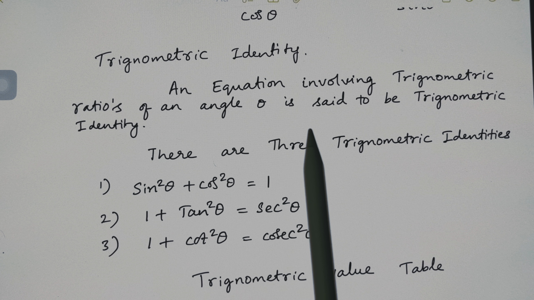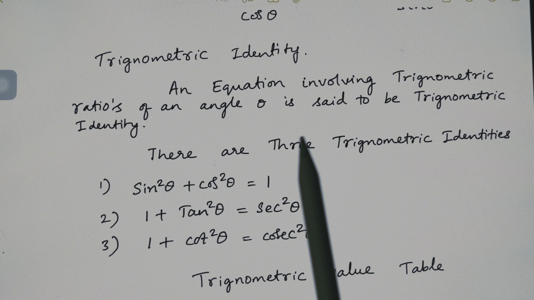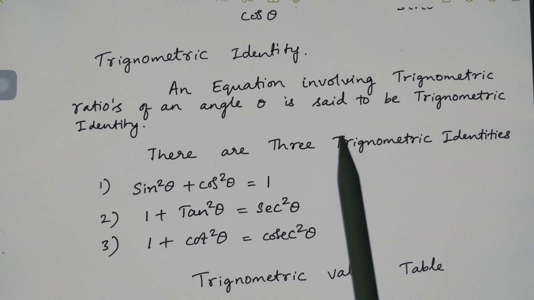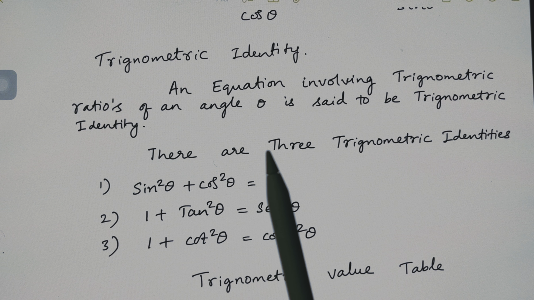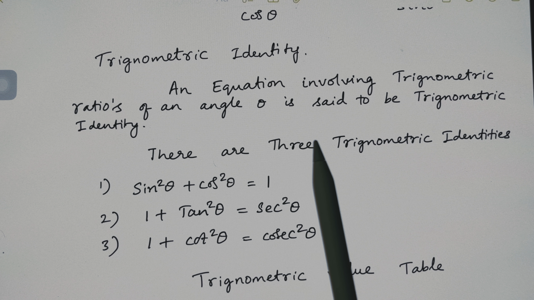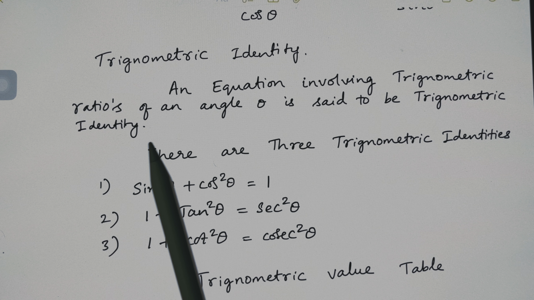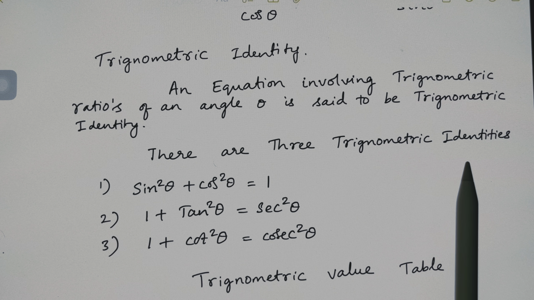We know we have 6 trigonometric ratios: sin theta, cos theta, tan theta, cosecant theta, secant theta and cot theta. If you are forming equations with respect to the trigonometric ratios with the angles, then it is termed a trigonometric identity. So generally there are 3 trigonometric identities.